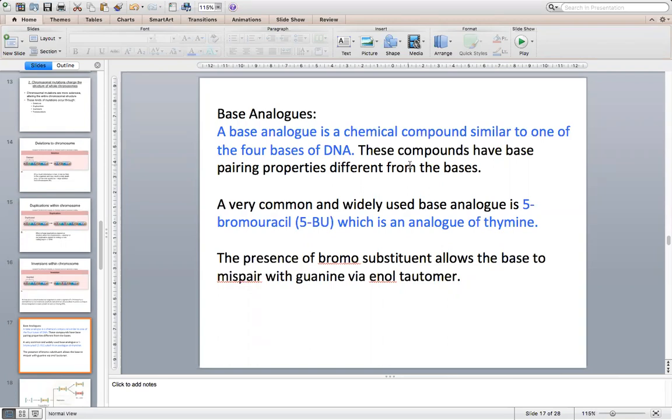It is an analog to thymine. Its structure is similar to that of thymine. However, the biggest issue is that its base pairing properties will not be similar to that of thymine. So again, what you can see is that the presence of the bromo substituent allows the base to mispair with guanine.